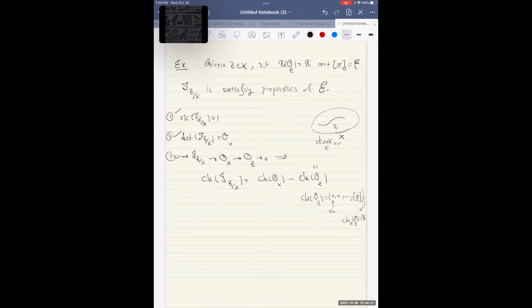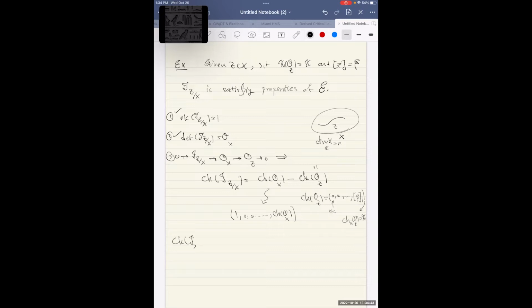Okay, so this is what it is. How about the Chern character of O? The Chern character of O is different. It's always supported everywhere. Its rank is 1. It doesn't have anything else, and then it just goes to the very end, and you will see Chern_n of O_X. So these are like two vectors.